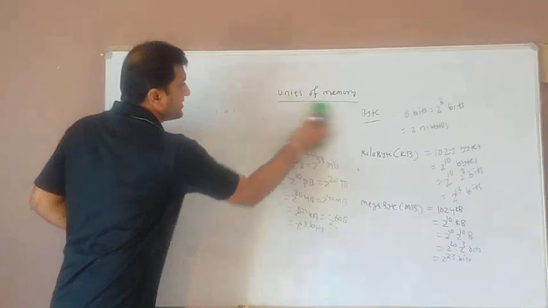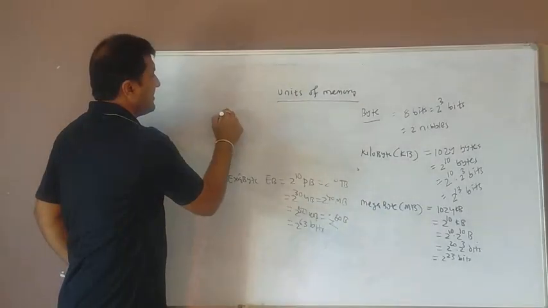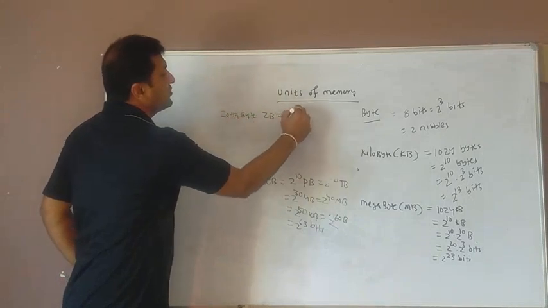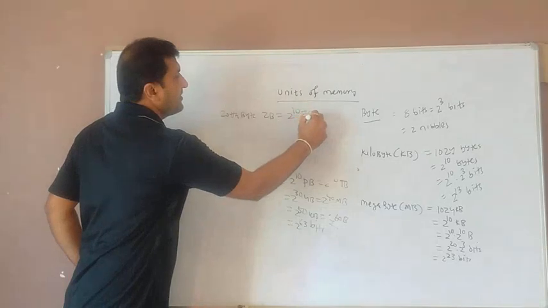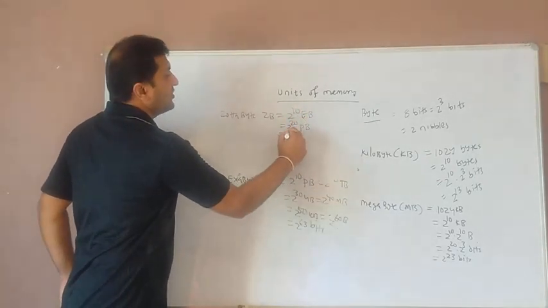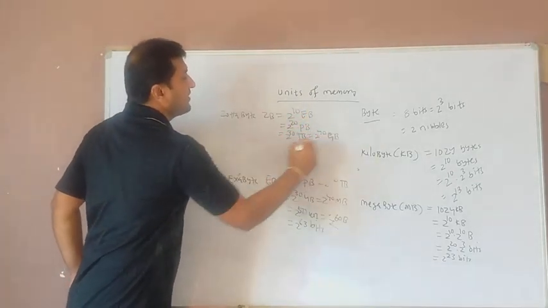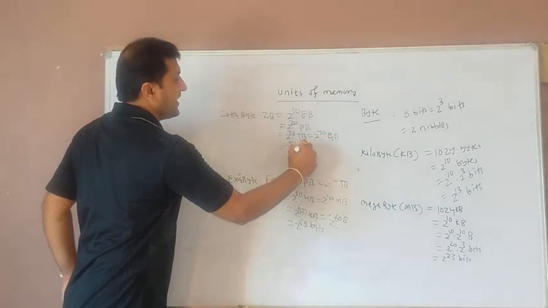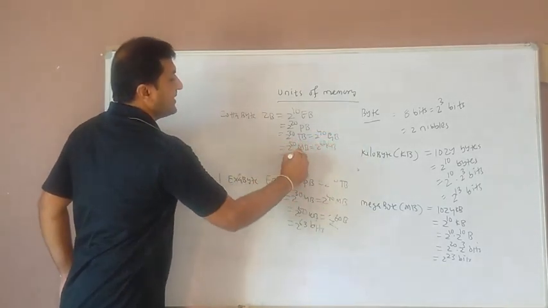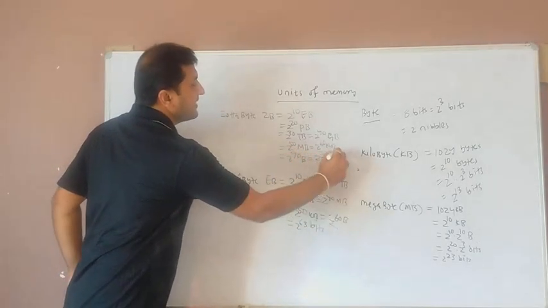Another unit of memory is zettabyte, ZB. 1 ZB equals 2 to the power 10 EB, 2 to the power 20 PB, 2 to the power 30 TB, 2 to the power 40 GB, 2 to the power 50 MB, 2 to the power 60 KB, 2 to the power 70 bytes, 2 to the power 73 bits.